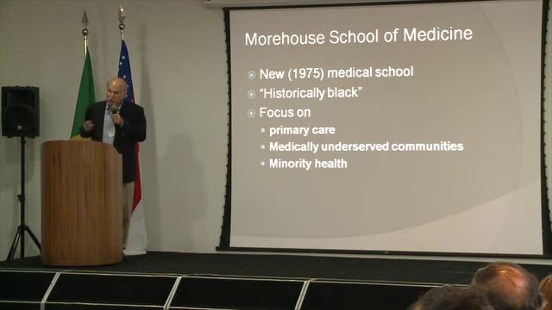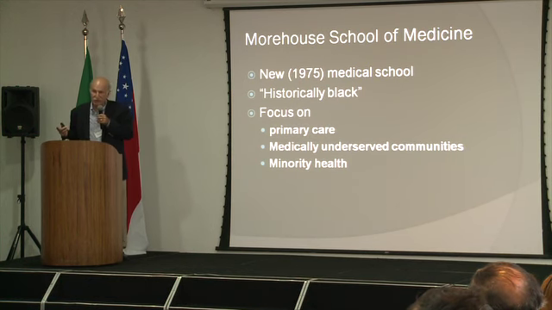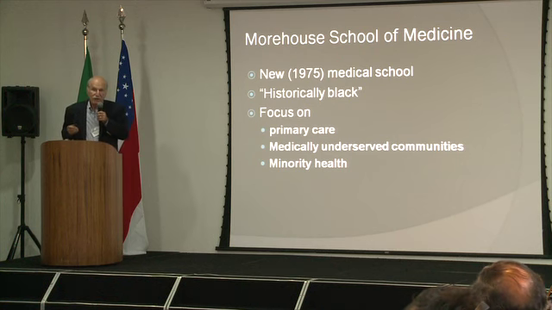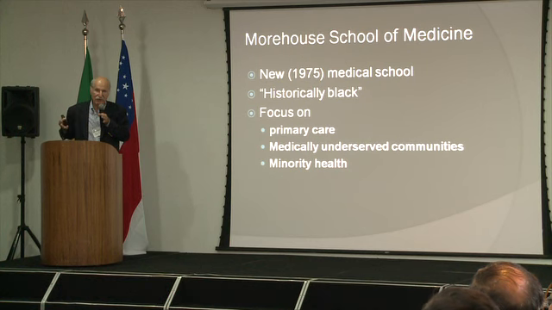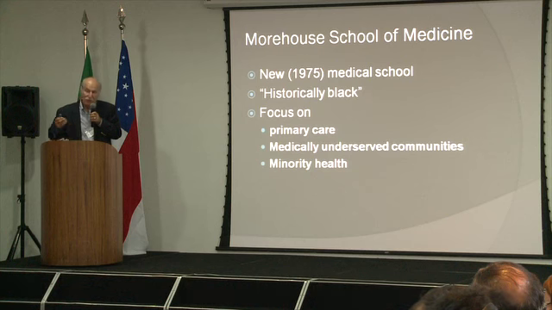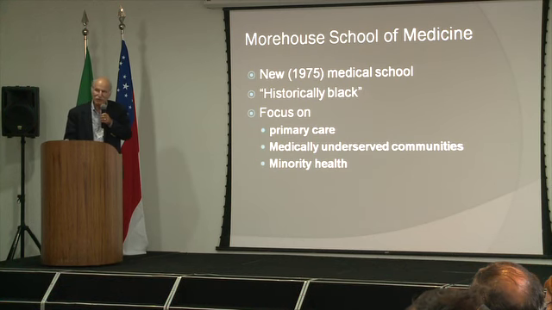So we're a new medical school, relatively new, started in 1975. We are a historically black medical school, meaning that almost all of our students and almost all of our faculty are African American or black. We are trying to reach out more to the Hispanic community now with a bit of success.